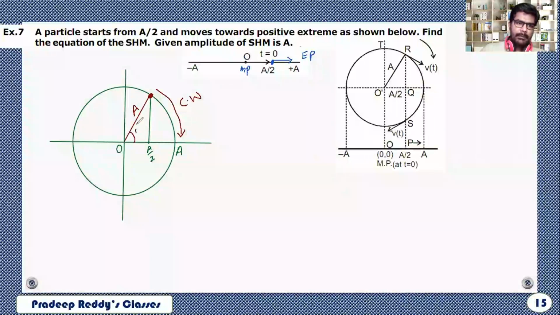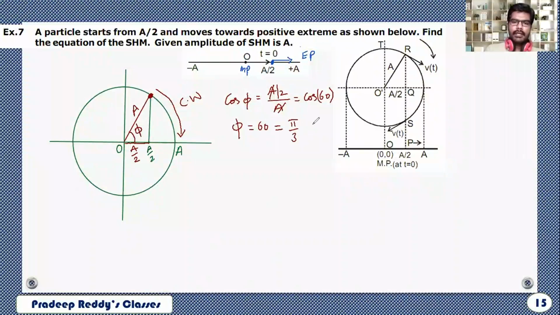I will represent this phase with phi. Because this length is known to you, it is a by 2, I can write cos phi is equal to a by 2 divided by a. A and a get cancelled, which leaves 1 by 2. 1 by 2 is nothing but cos 60. Therefore, phi is equal to 60 degrees, which is equal to pi by 3 radian.